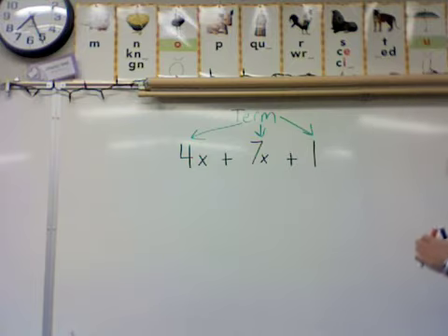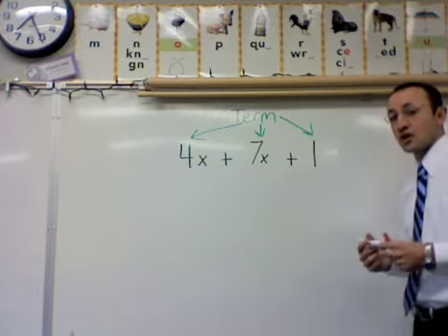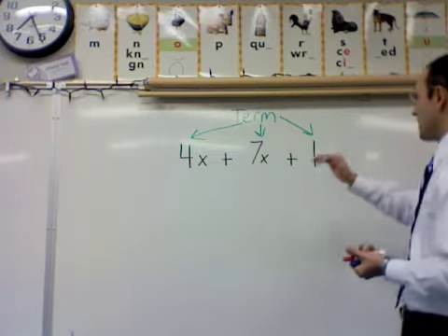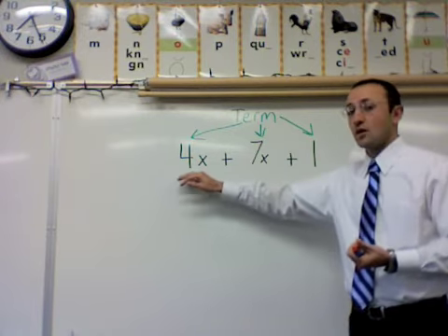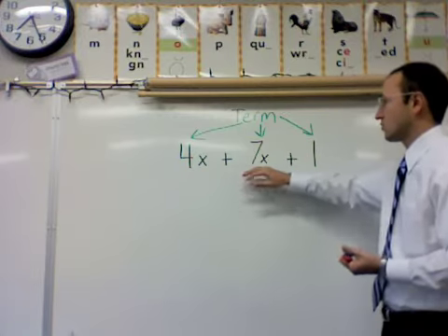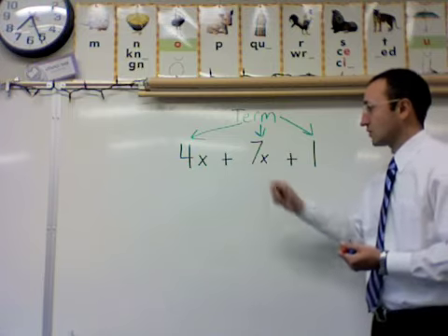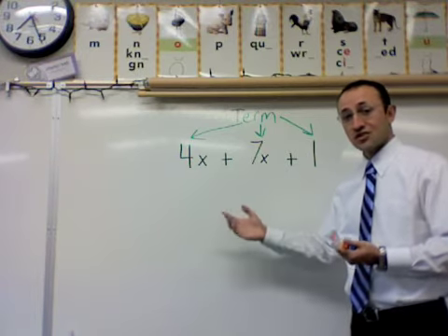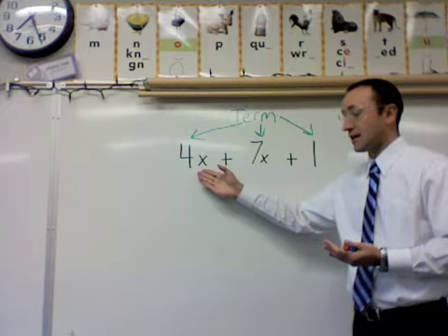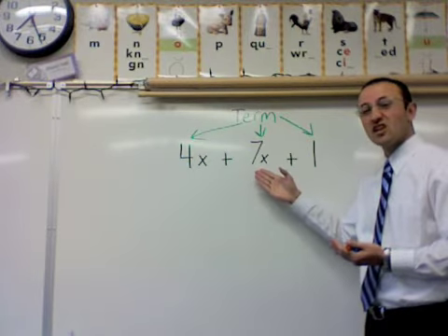Now the next thing we're going to look at are something that's called coefficients. Now coefficients are the numbers that are being multiplied, and we can see that they're next to our variables. This one does, and this one does, because it's the same as saying 4 times x. And over here, this is the same as saying 7 times x.